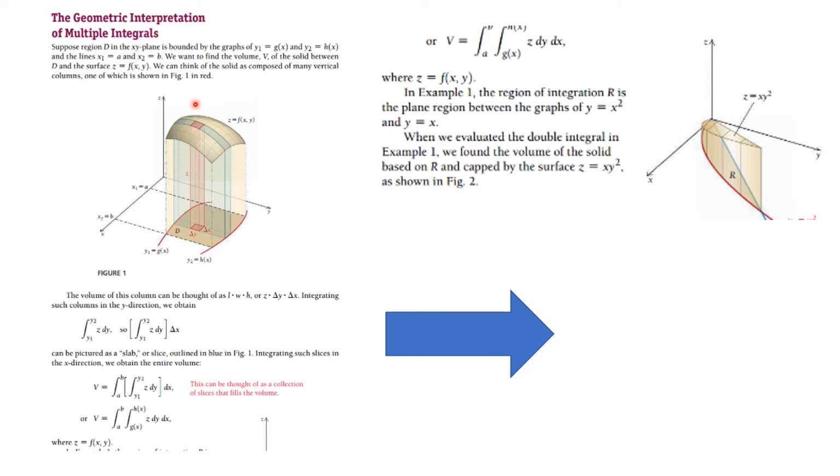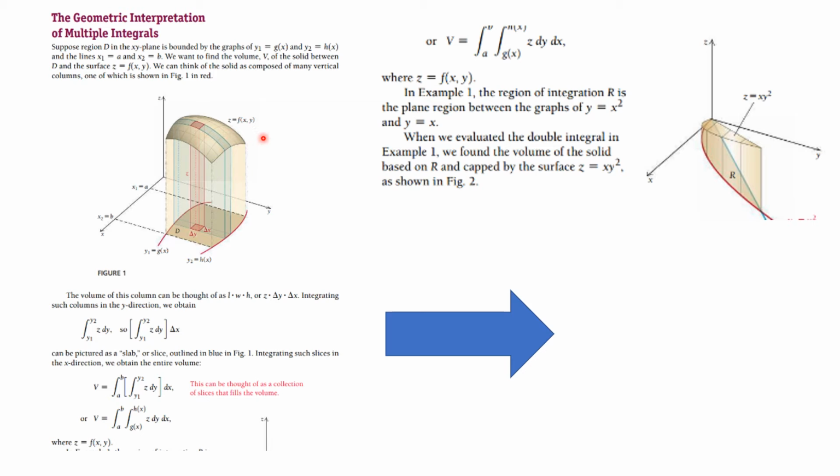Now, as I said before, for the geometric interpretation, if we had this, where x was going from a to b, and then y was going from this lower function g of x to this bigger function h of x, we could think about cutting out little rectangles here, or squares, I guess. And what we would be getting is a volume, because the z, the function value, would be the height.